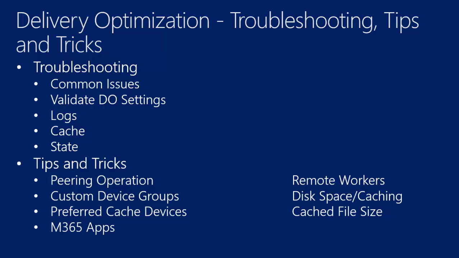In terms of other things, remote workers: if you have a user that is working from home or the equivalent of home, there is absolutely no advantage of peering using delivery optimization. That does not mean, though, that there's no advantage of delivery optimization. There is. The content security we have and other controls, custom device groups.